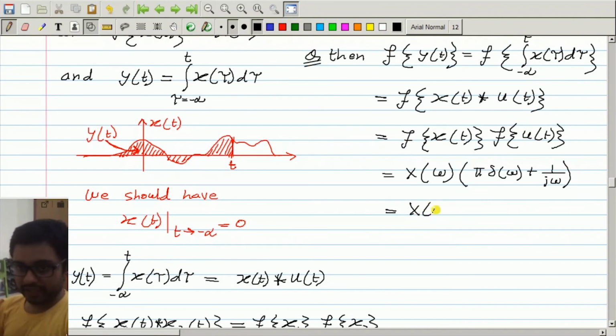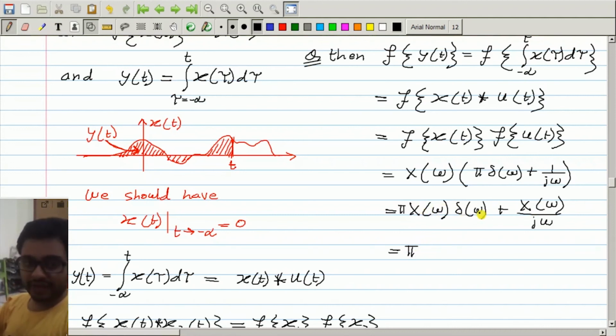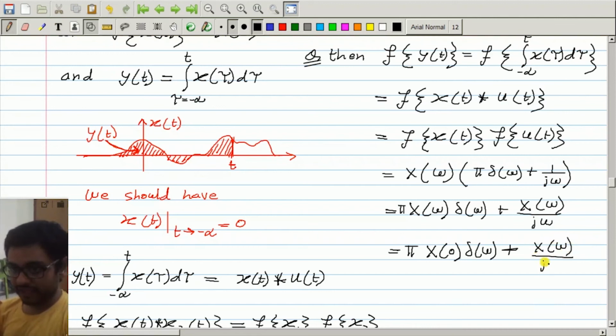This is equal to X(omega) times pi delta omega plus X(omega) by j omega, and now the first term, X(omega) delta omega, you know this is same as X(0) delta omega, plus the second term as it is, X(omega) by j omega, and that is a very important result for us.